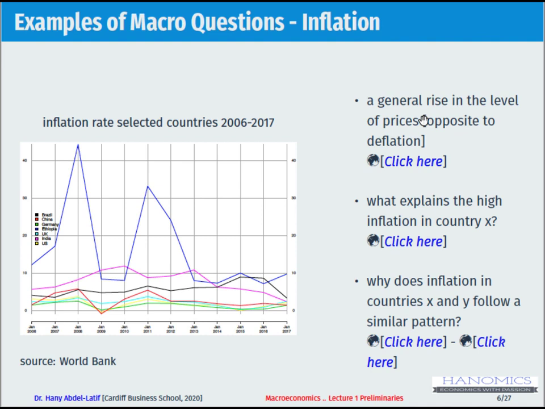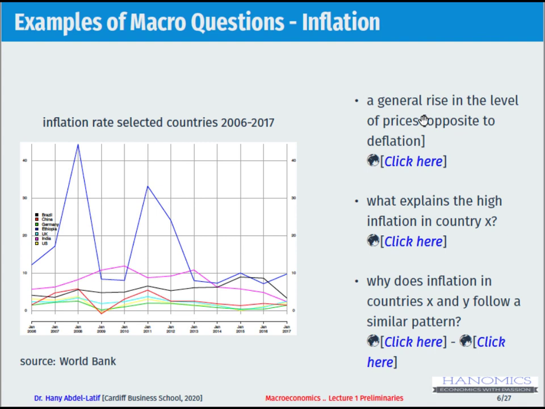What we want to know in macroeconomics is what causes prices to rise or to fall. We want to understand both inflation and deflation. What are the determinants of inflation? How to keep inflation under control?